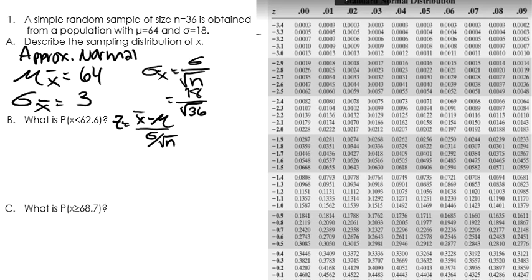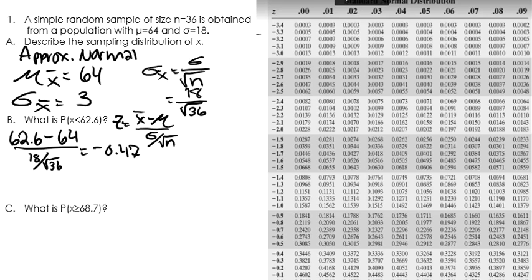So let's plug all of our information into the formula. So we have 62.6 minus 64 divided by 18, which is then divided by the square root of 36. And we get a z-score of negative 0.47. What we're going to do now is turn this z-score into a proportion.